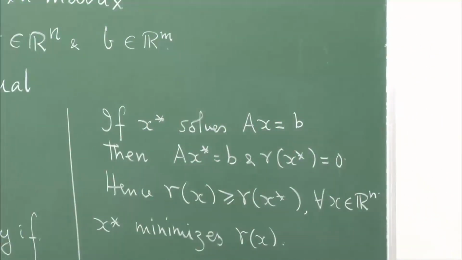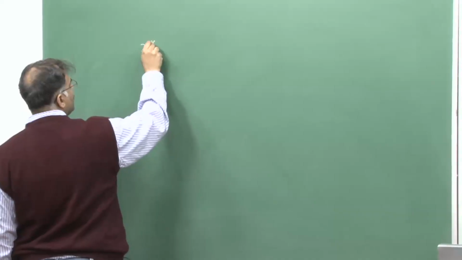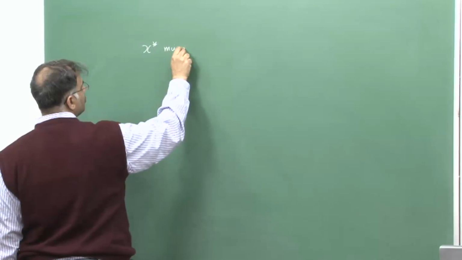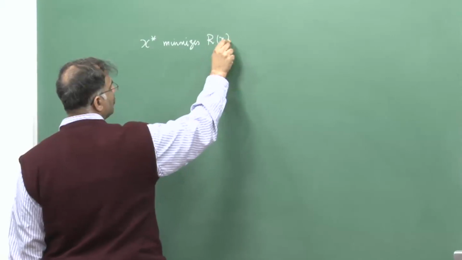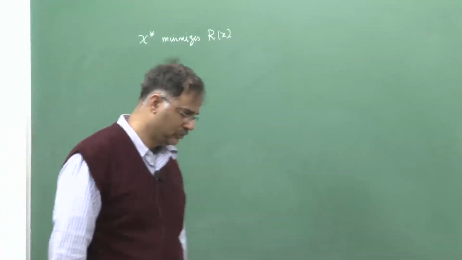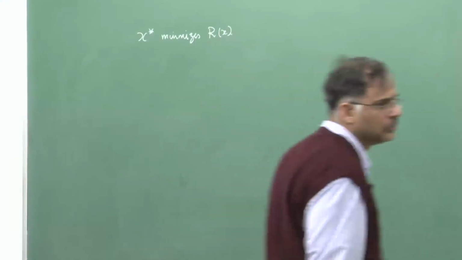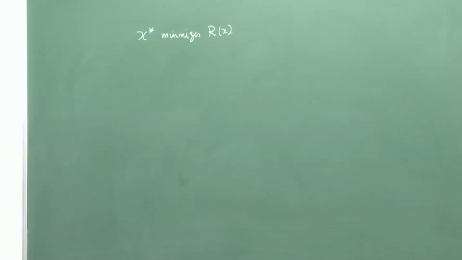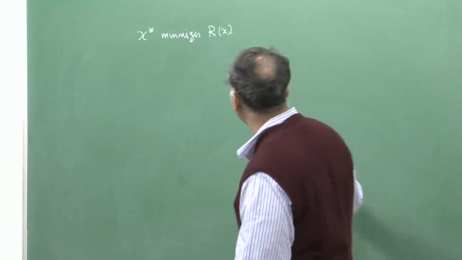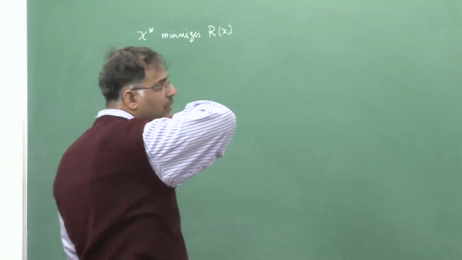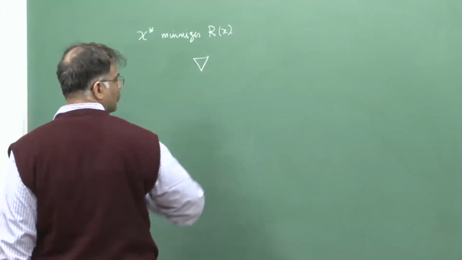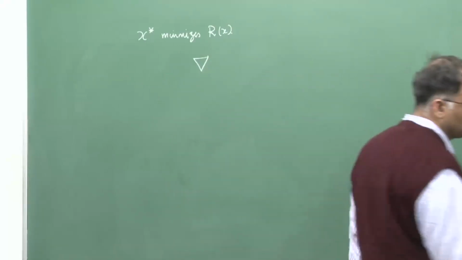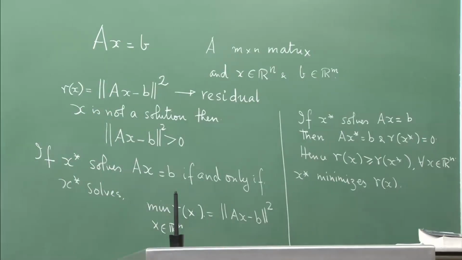Suppose x star minimizes R x, then what would happen? I can write that the gradient of this problem must be 0.